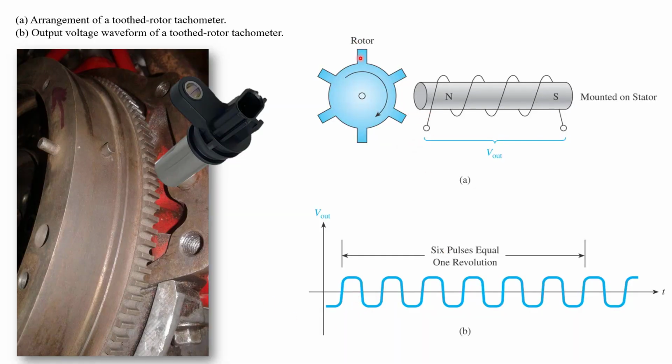How does it work? Well, here's my rotor that's got my pins on it, and here is a coil of wire around a magnet. And we know that if I can move the lines of flux across these conductors, that will induce a voltage. So if this were completely stationary, these lines of flux from this magnet are not moving, so there's no cutting of flux across the conductors, and there's no induced voltage.